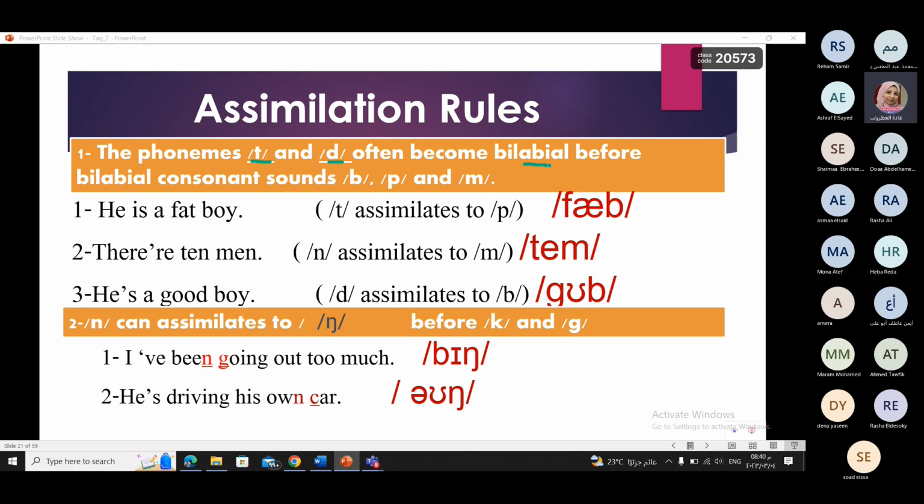It is pronounced with the two lips, the lower lip and the upper lip. So they become bilabial before bilabial consonants like B, P, and M. You can practice. You have the screen. I want to hear your voices.